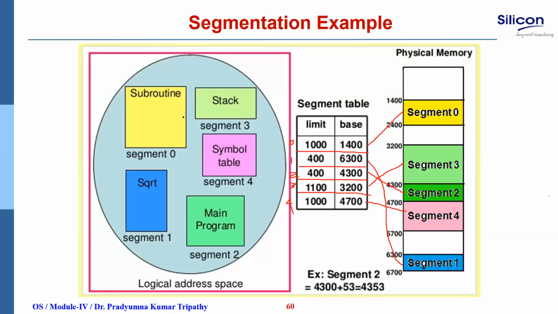If I want to share a program, I have to share many pages. But if I want to share this subroutine, I just have to share a particular segment only, base 1400 and limit 1000. But in paging, it would have been stored in 2 or 3 different memory locations, which I need to share.